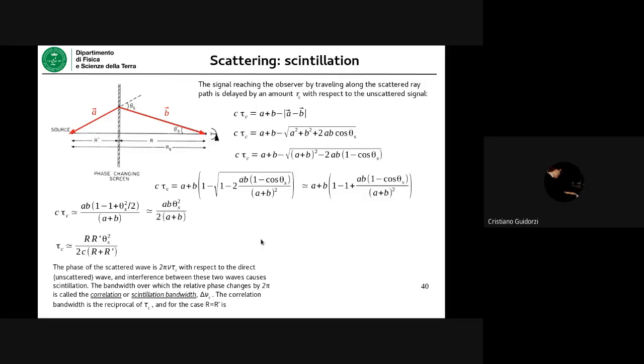Because of that, by demanding that 2 pi delta nu c times tau c equals 2 pi, you end up with the condition that delta nu c equals 1 over tau c.